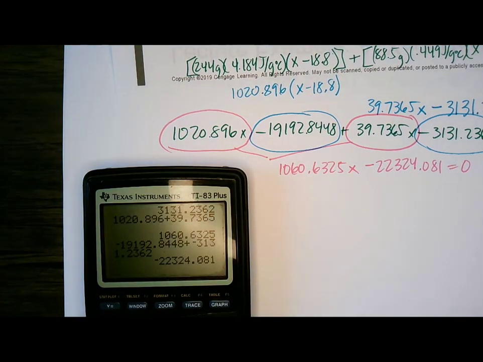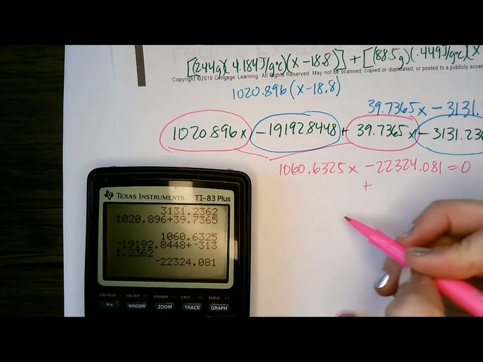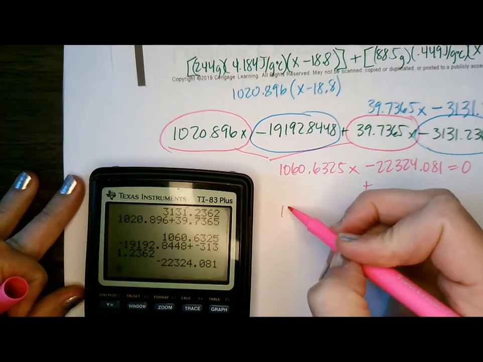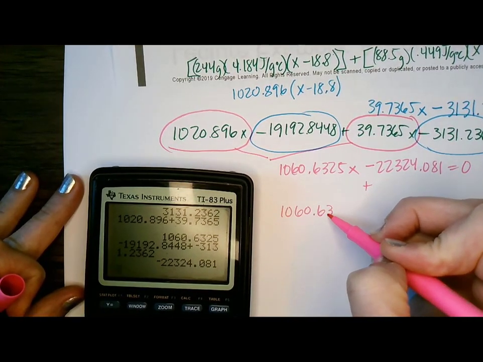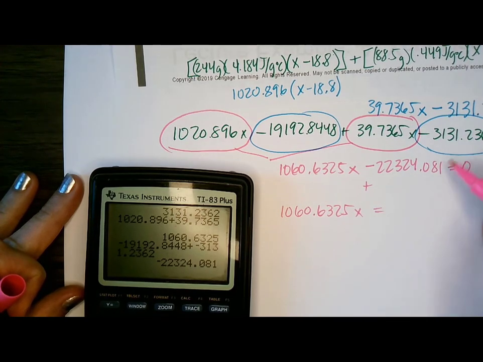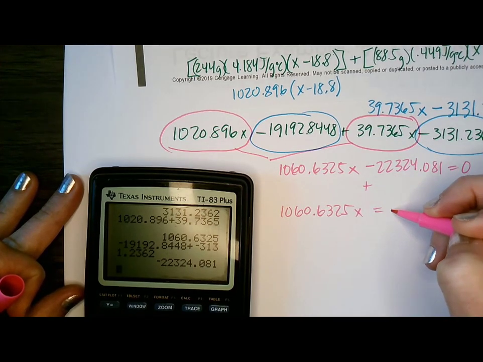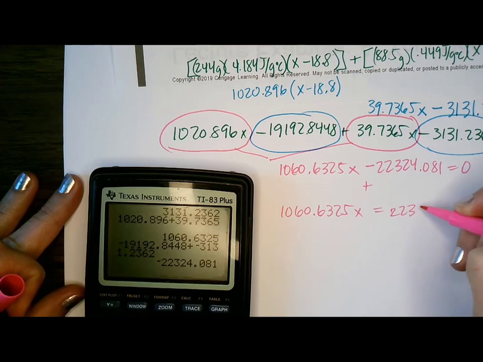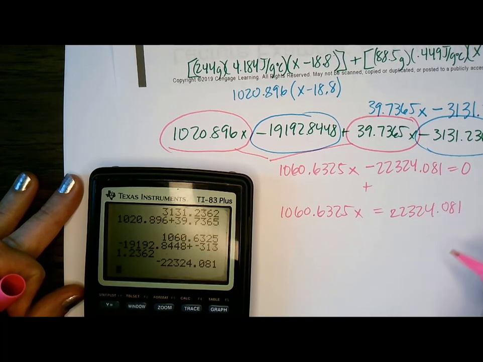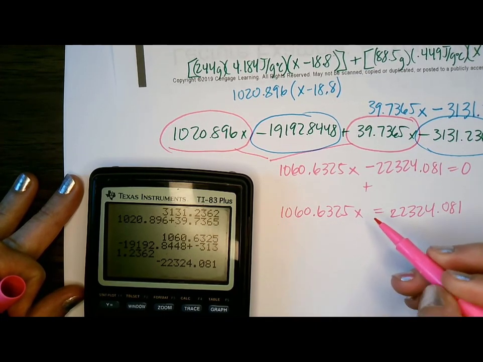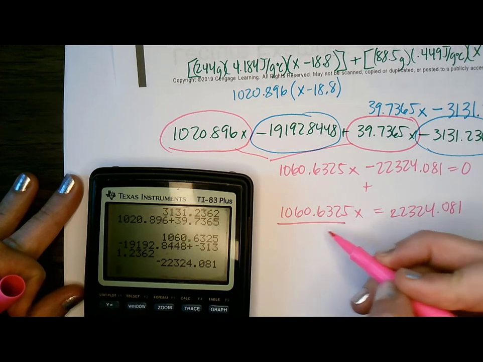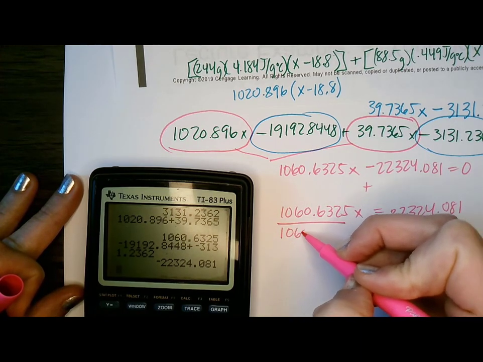All right, let's add that to both sides. So we're going to have 1060.6325x is equal to 22324.081. Now to find x, which is our final temperature, we need to divide both sides by 1060.6325.